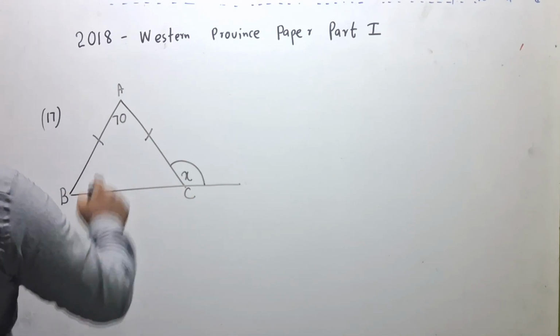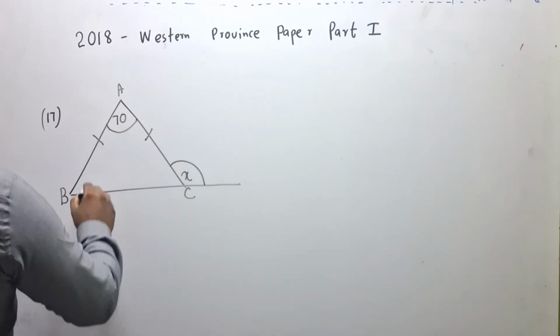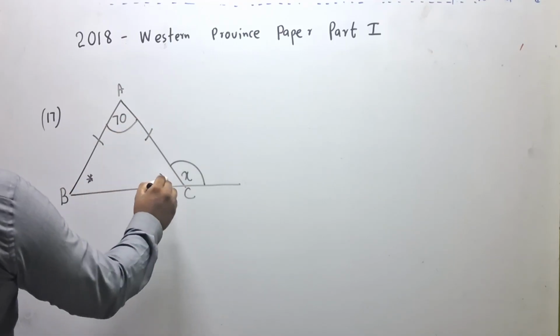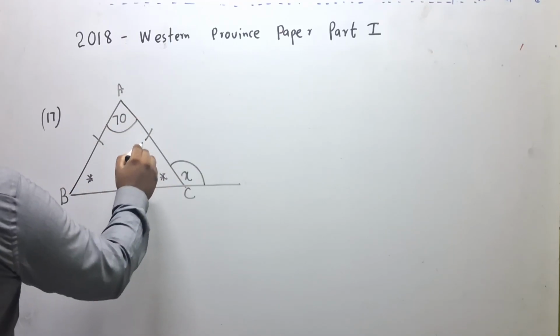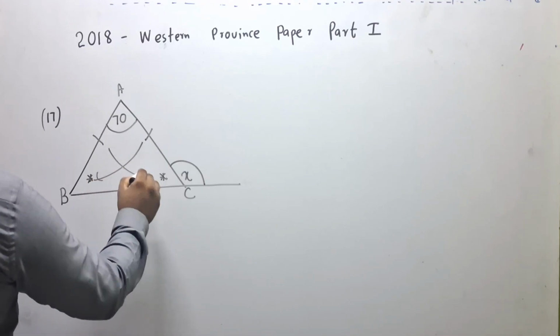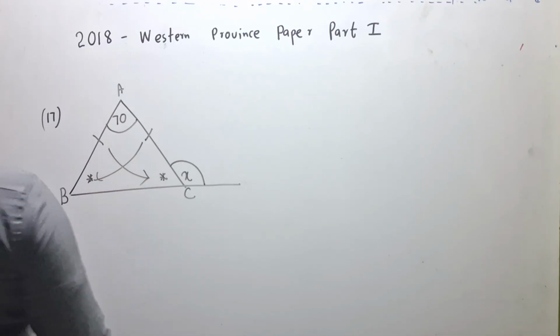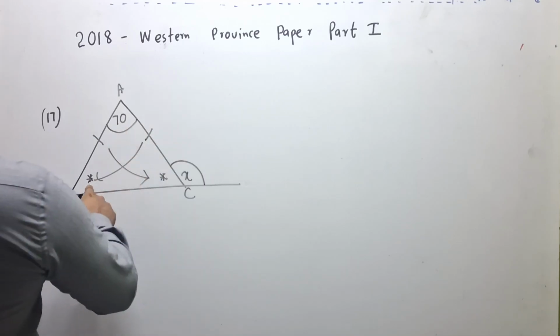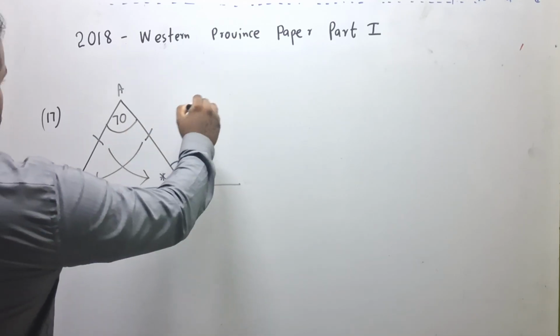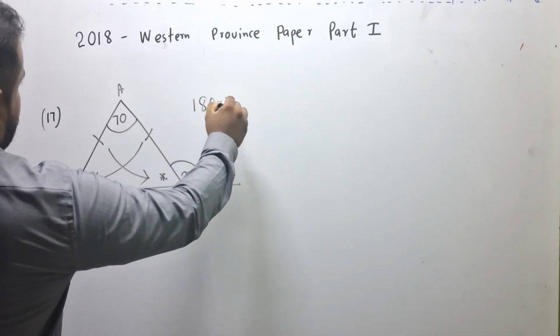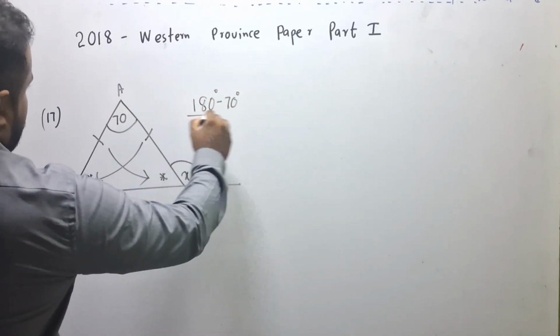Okay. If this is 70, this angle and this angle are equal due to the isosceles triangle theorem. So, how to find this angle value? 180 minus 70 divided by 2.